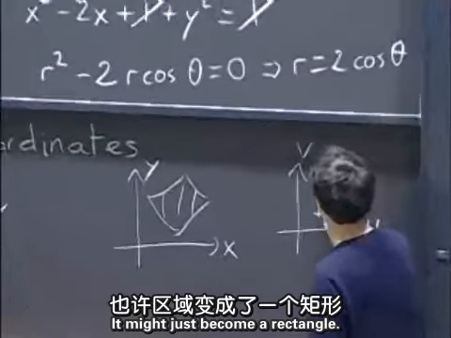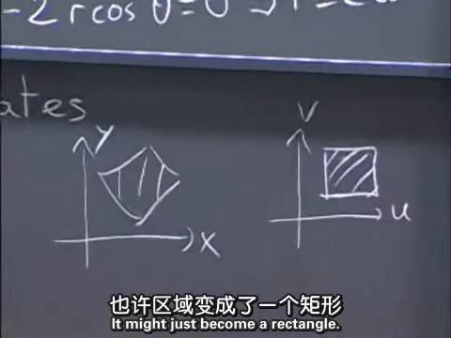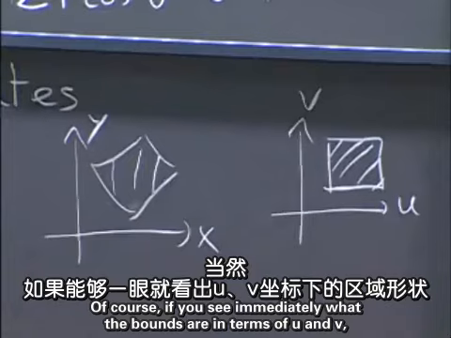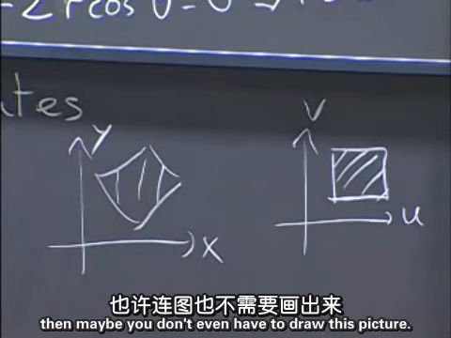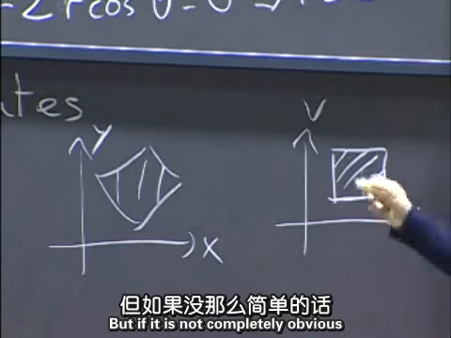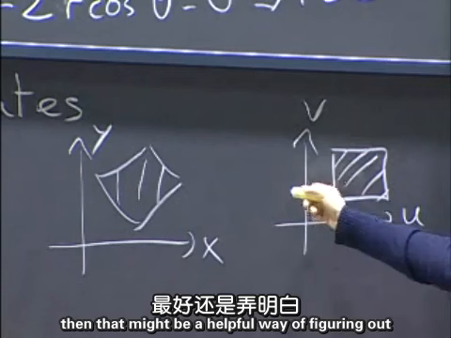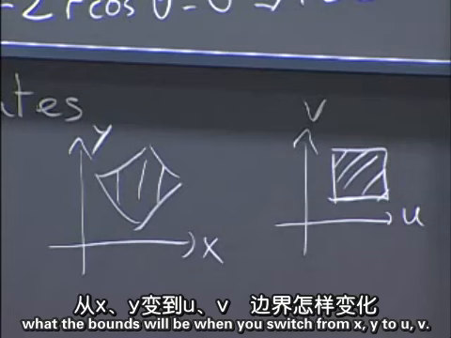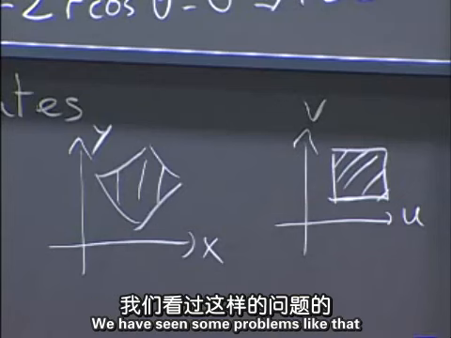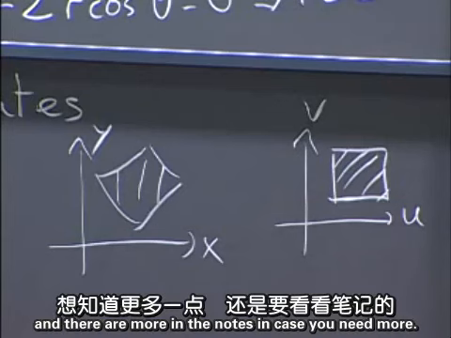It might just become a rectangle. Of course, if you see immediately what the bounds are in terms of u and v, and they turn out to be very easy, then maybe you don't even have to draw this picture. But if it's not completely obvious, then that might be a helpful way of figuring out what the bounds will be when you switch from xy to uv. Okay, so we've seen some problems like that, and there's more in the notes in case you need more.